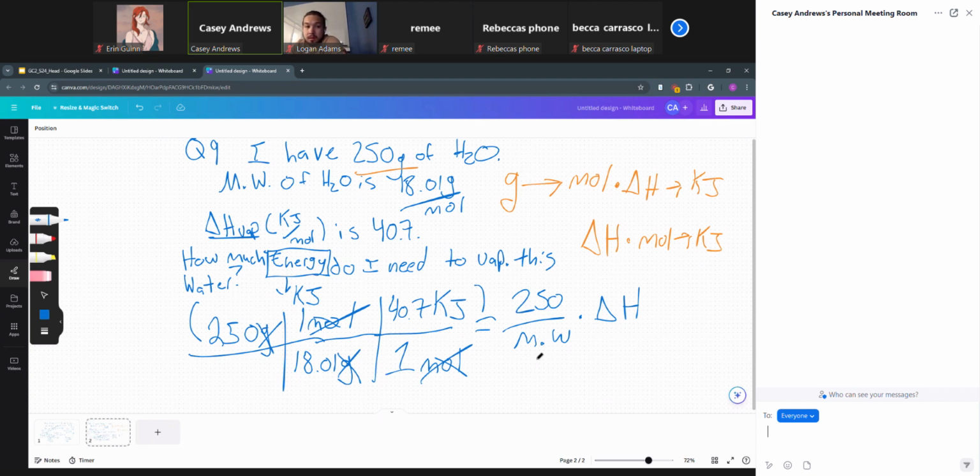And the answer, I'm just going to double check that. No, that sounds right. The answer is 564.96. If we go by sig figs, I have 3 sig figs, so rounded, that would be 565 kilojoules. So that's how much energy it takes to vaporize 250 grams of water.